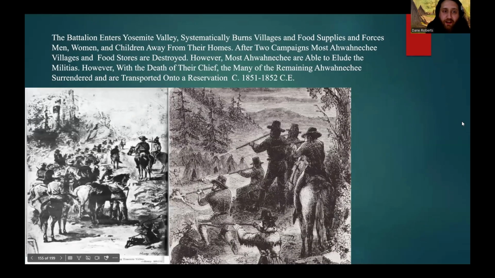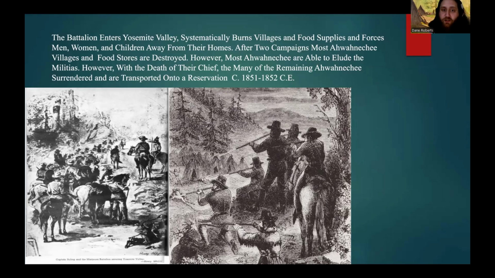The battalion would then enter Yosemite Valley and would systematically burn villages and food supplies and force men, women, and children away from their homes. After 2 campaigns, most Awanichi villages and food stores would be destroyed. However, also most Awanichi would be able to elude the militias.